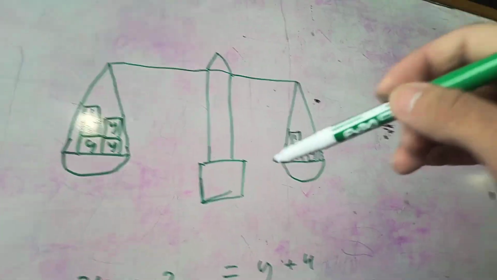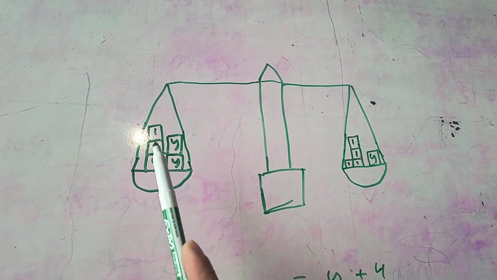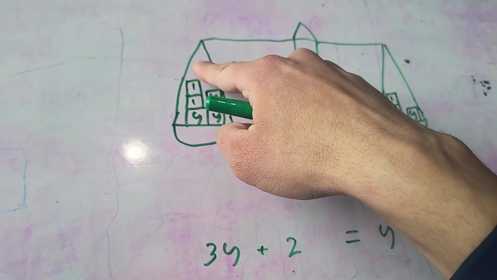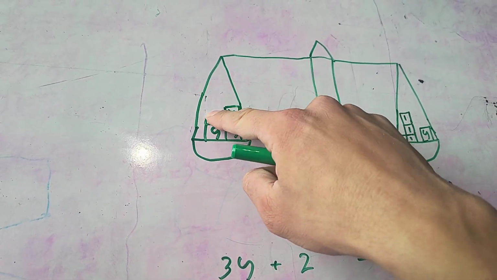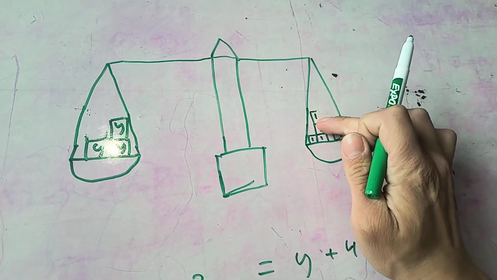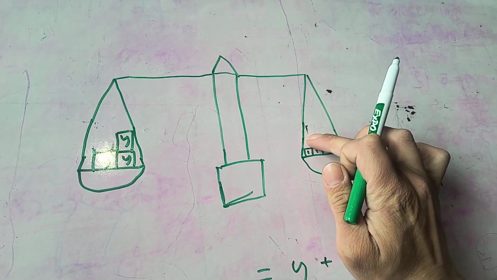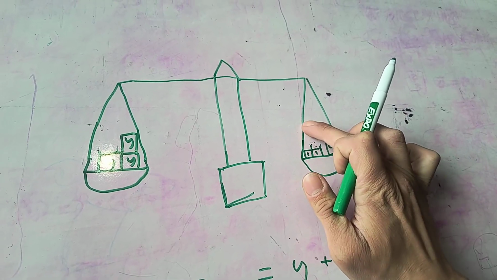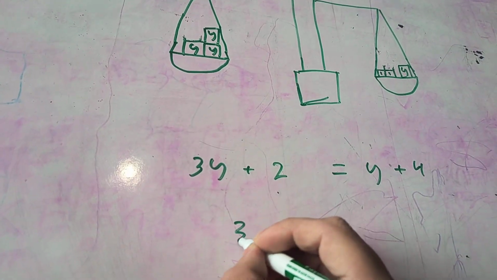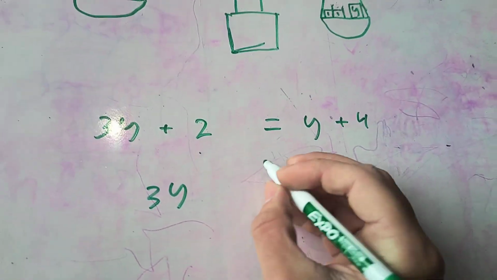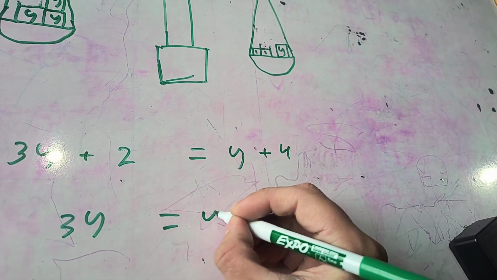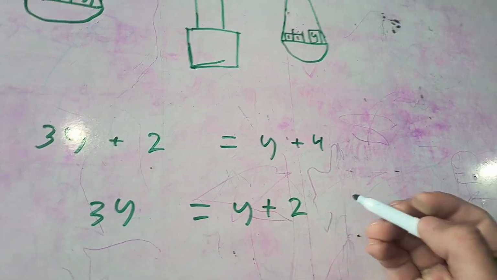So first, let's try to get rid of these 2 weights right here. So all we got to do is just remove these 2 weights, subtract these 2 weights, but anything we do over there, we have to do over here so that they can stay even. And we'll subtract 2 weights from this side too. So now the new thing is 3y, since we subtracted 2 weights, there's no more, is equal to 1y plus 2 blocks.